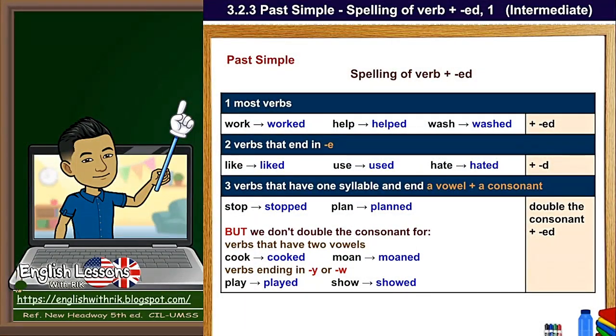Spelling of verb plus ed. Most verbs add ed. For example, work, worked, help, helped, wash, washed. For verbs that end in e, just add d. For example, like, liked, use, used, hate, hated.